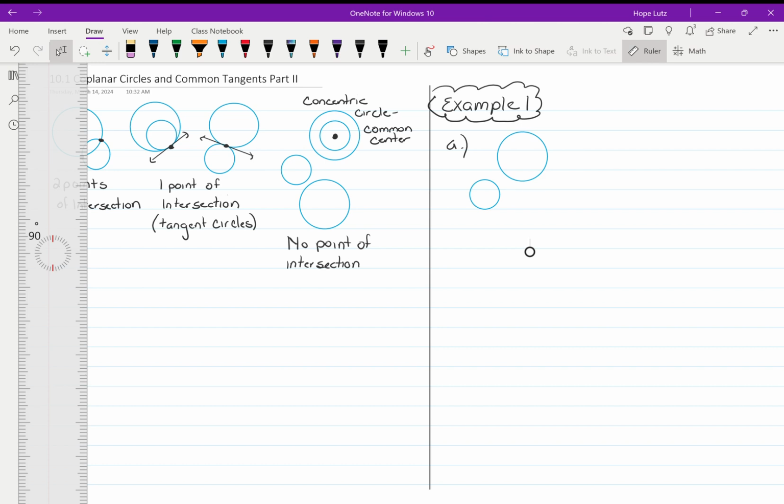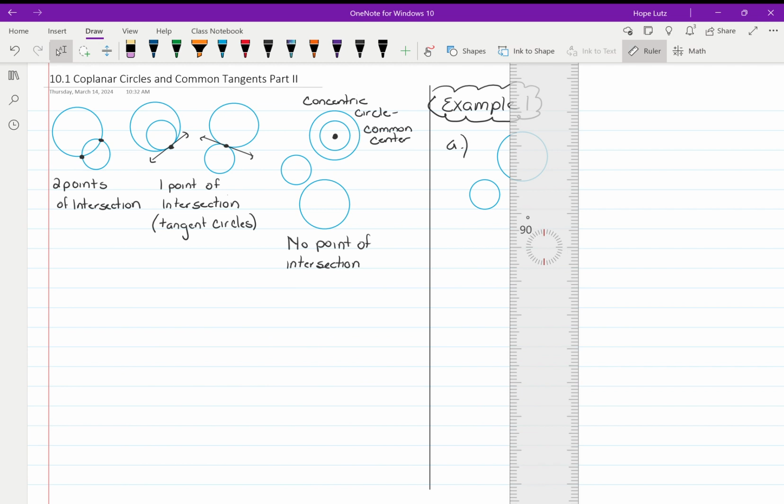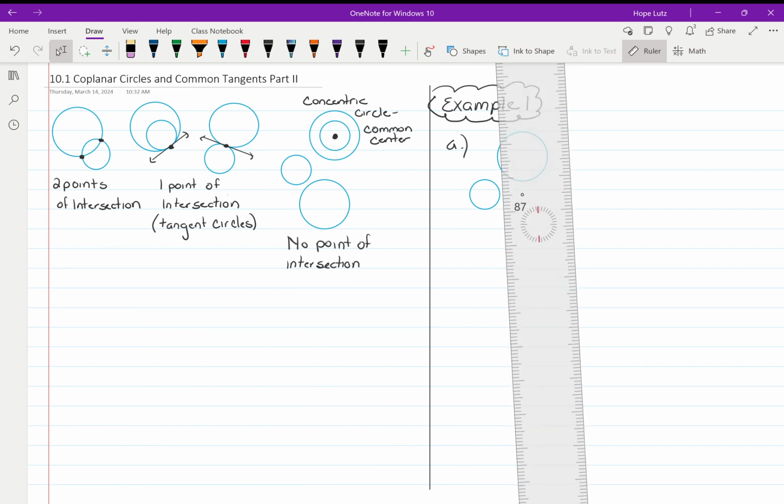And on these, you need to state whether they are external tangents or internal, and how many tangents there are. So when we go to do these, you're going to be drawing lines, and you're going to say how many times the line hits. So I'm going to start right here.